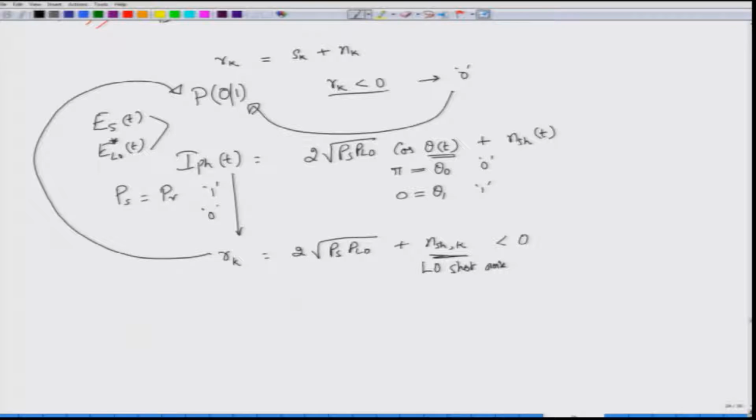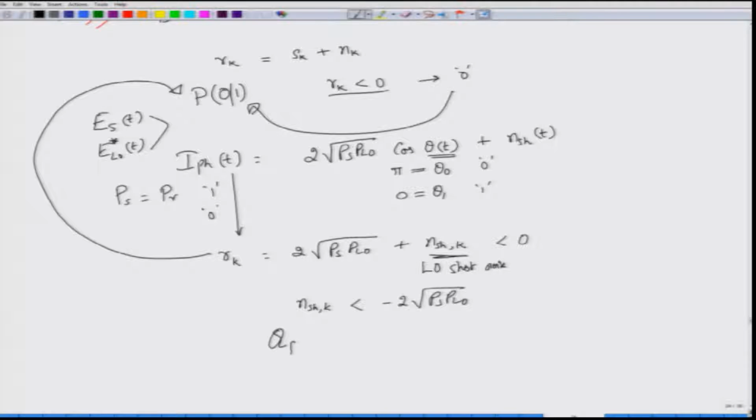So, you can rearrange this equation and say the condition for this to happen is when the noise falls below minus square root of 2 PS PLO, and then you can integrate and do the appropriate calculation to find out the probability of error, and express all this in terms of the Q factor, or the Q function.